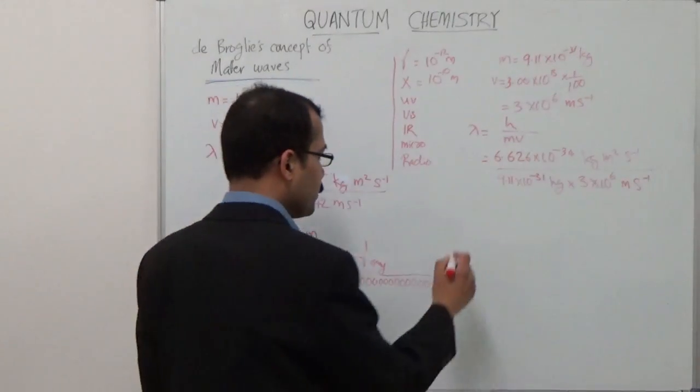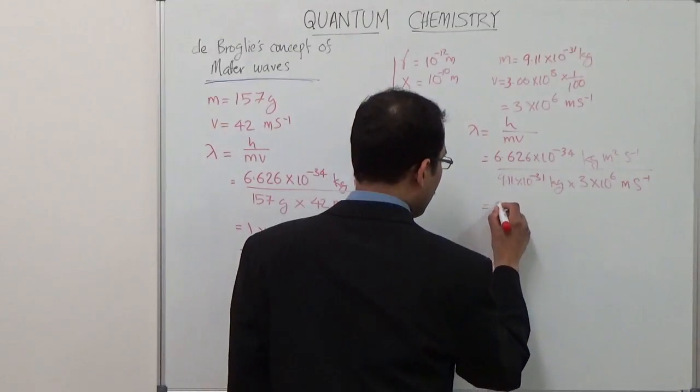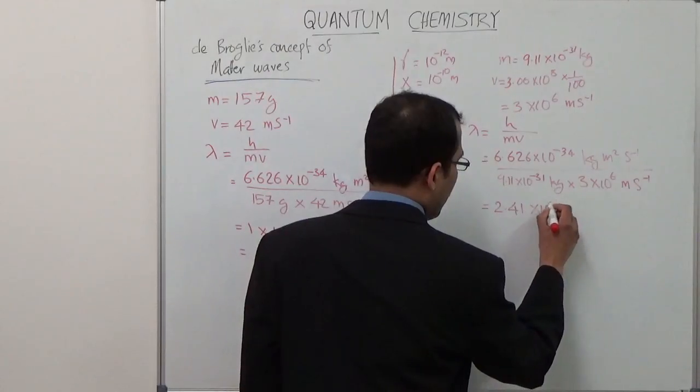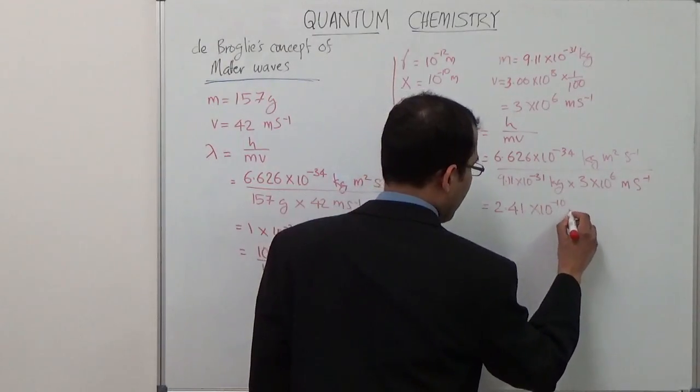And the answer is 2.41 times 10 raised to minus 10 meter.